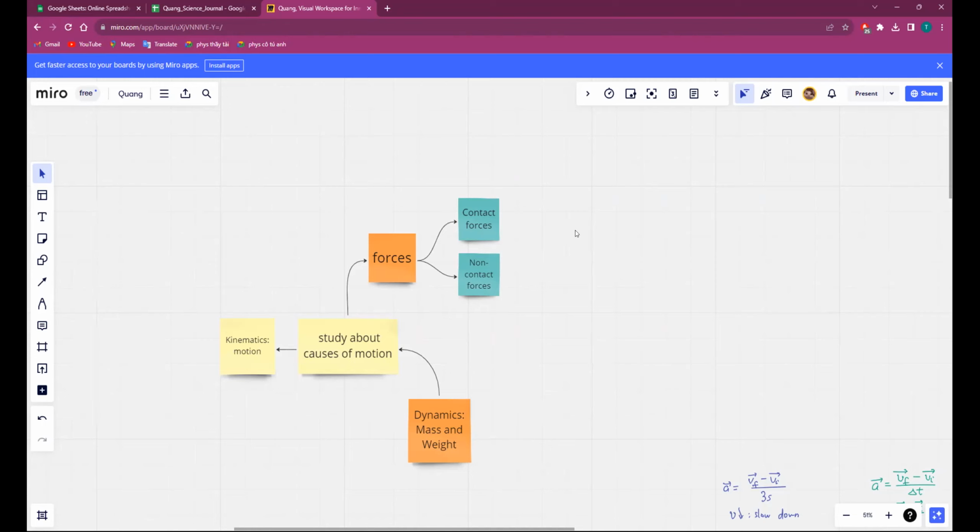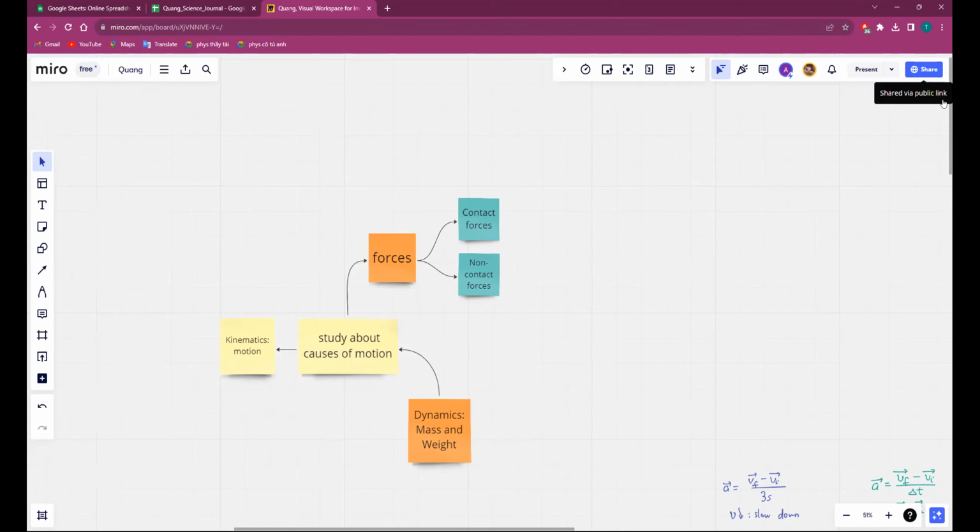What about non-contact forces? Non-contact forces is like gravity. It's not like anything is in contact with the object, but still there is a force acting on the object. So when you mention contact and non-contact, I agree, if two objects touch each other, if there's some contact between them.